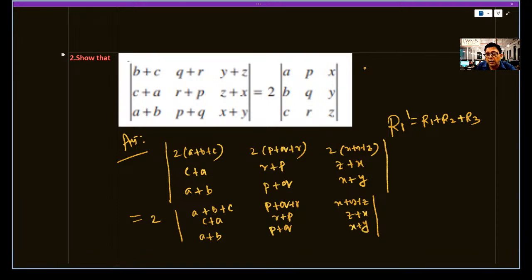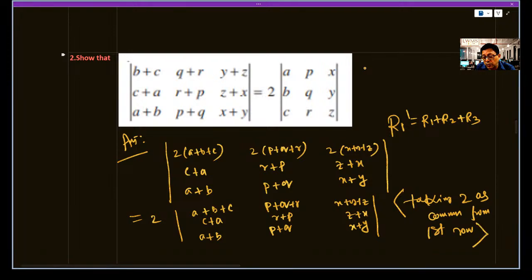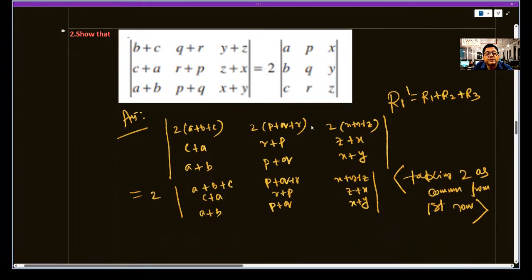You understand? The operation, you should never forget to write. That is, taking 2 as common from the first row. Alright?